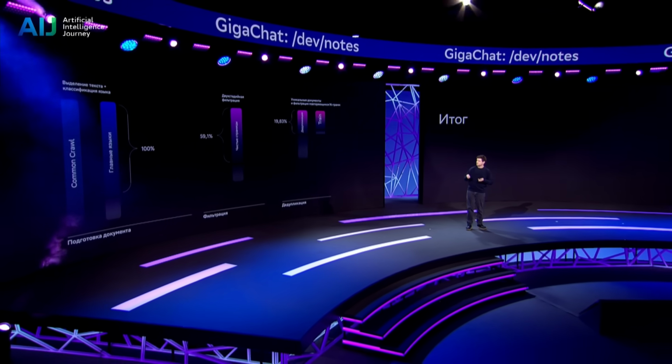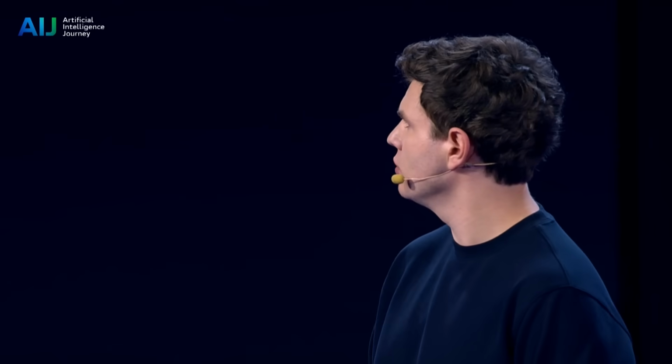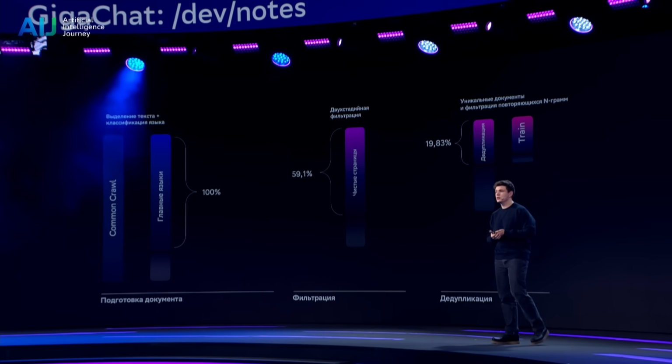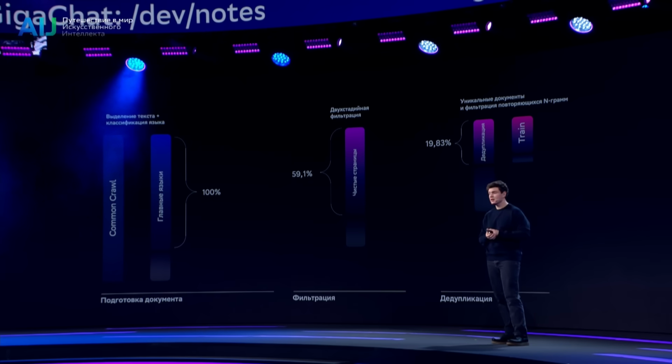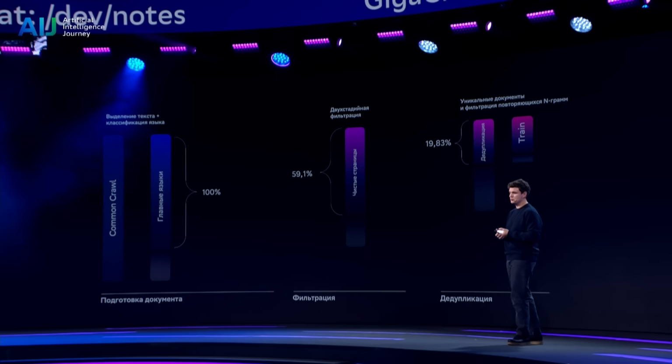Out of the 59%, if we take only unique texts without copywriting, without similar pages, without full copies, out of the 59, we end up with around 20%. So we have reduced the internet almost by 5 times to fit it into GigaChat. We used that data set to train our 2 models with 7 billion parameters and 29 billion parameters.